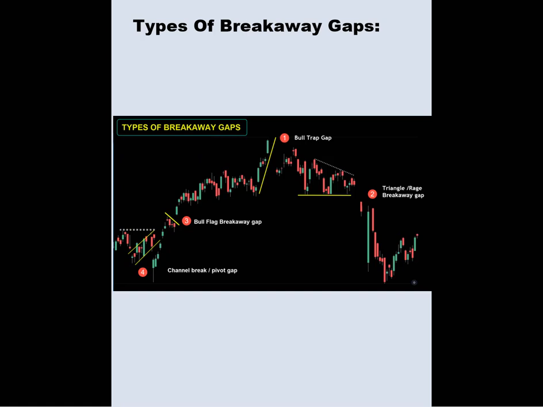I will remove all these drawings. So a faster move and then a slower move in the form of a channel touches this pivot, and then there is a gap over here, right? Although this gap didn't have a continuation move downside, right? But it gave a good intraday opportunity.